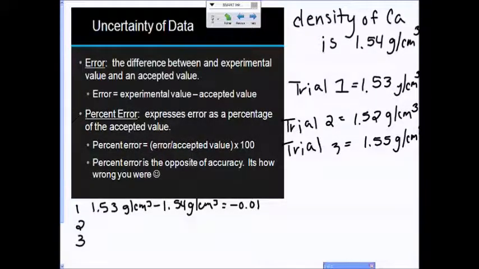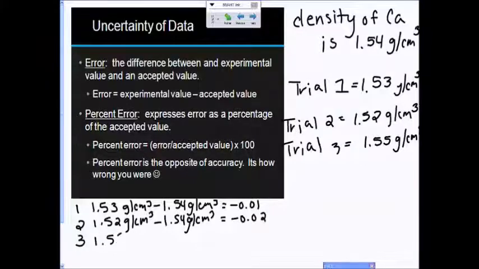Now, let's go ahead and look at number 2. You had an experimental value of 1.52 grams per centimeters cubed minus the accepted value. So that's going to give you a negative 0.02 in error. Now, this negative is because you're below the accepted value.